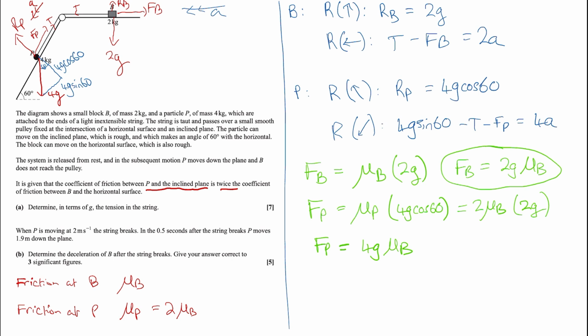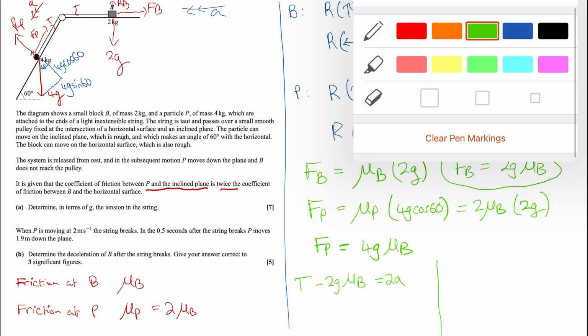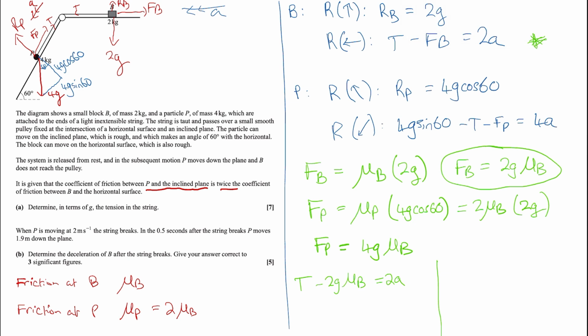Well, what we can say now, let's take a look at this equation here. And let's plug in FB. So we can see that T, take away 2G mu B, is 2A. Okay, that's good. And let's take a look also at this equation here. So sine 60 is root 3 over 2.